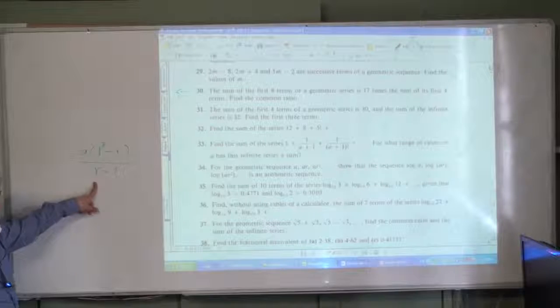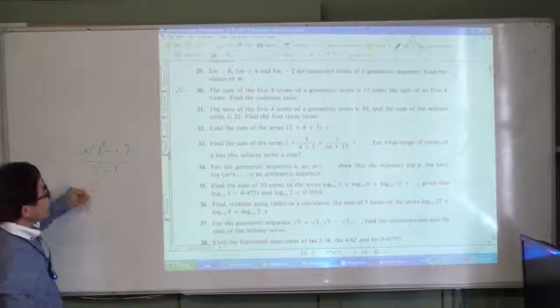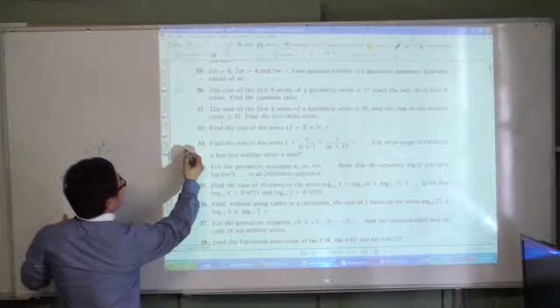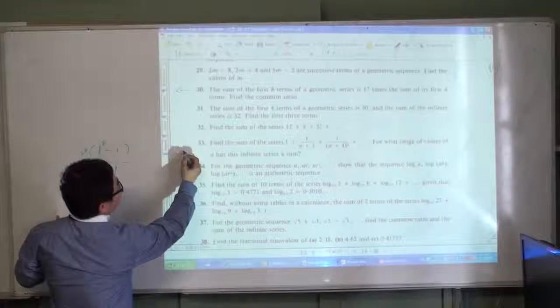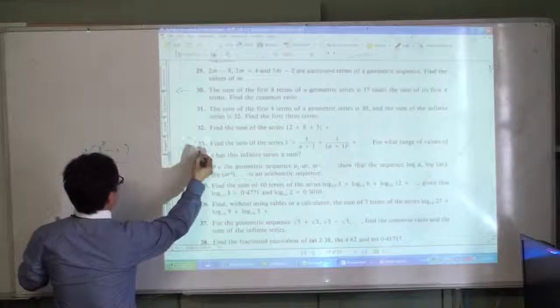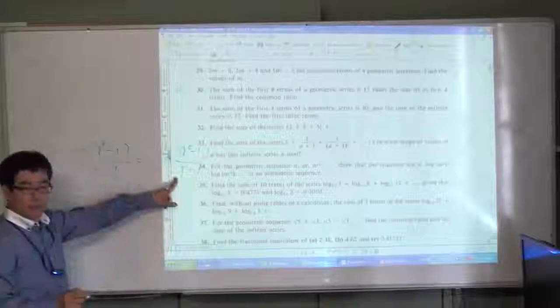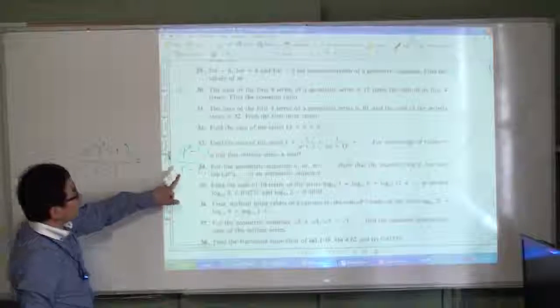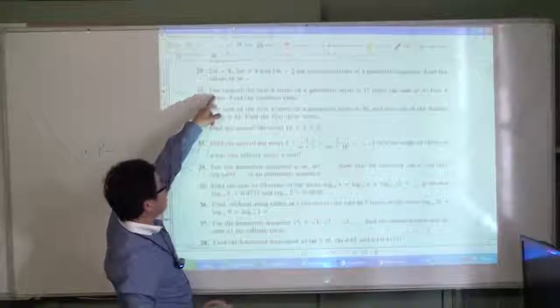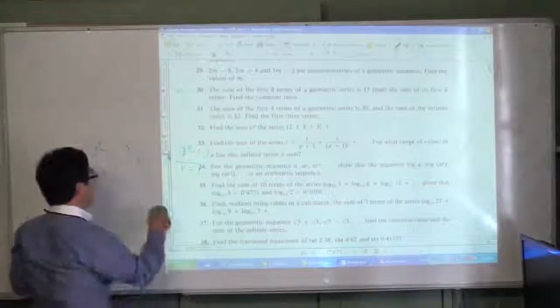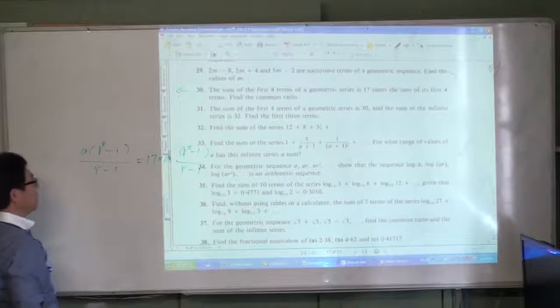That's the sum of the first 8 terms and the first 4 terms. This is the first 4 terms, isn't it? What's the relationship? The first is bigger, 17 times.